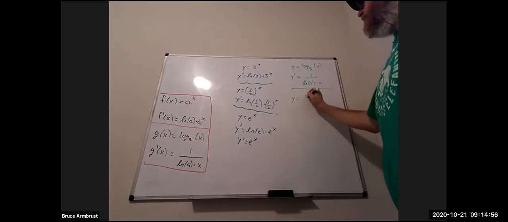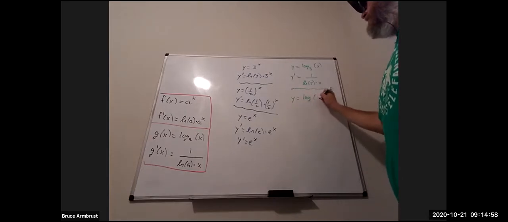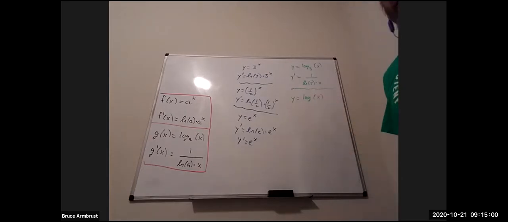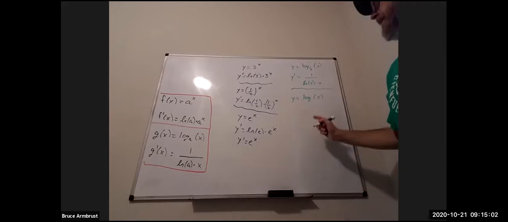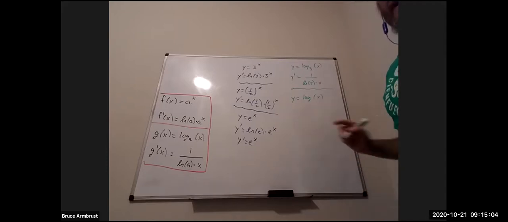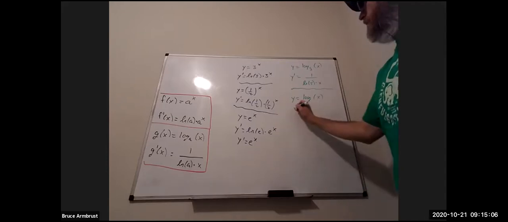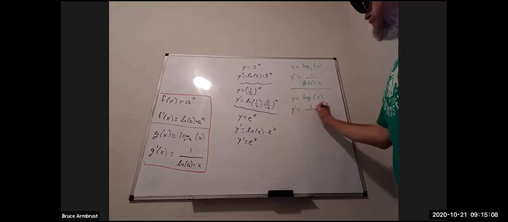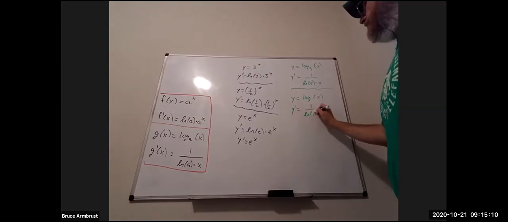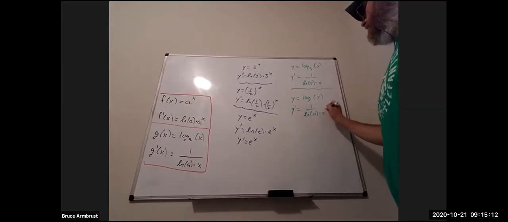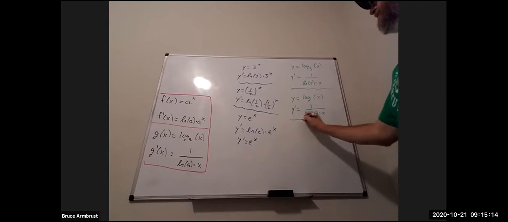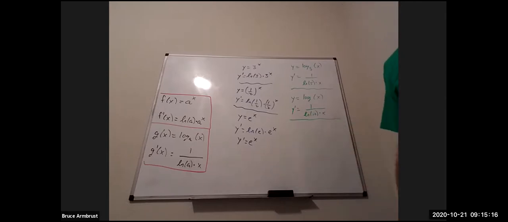Or if we have y equals log of x, I think I showed this to you last time. I just want to remind you that if we don't write a base, it's implied that it's base 10. So y prime is going to be 1 over the natural log of 10 times x, and so on and so forth.